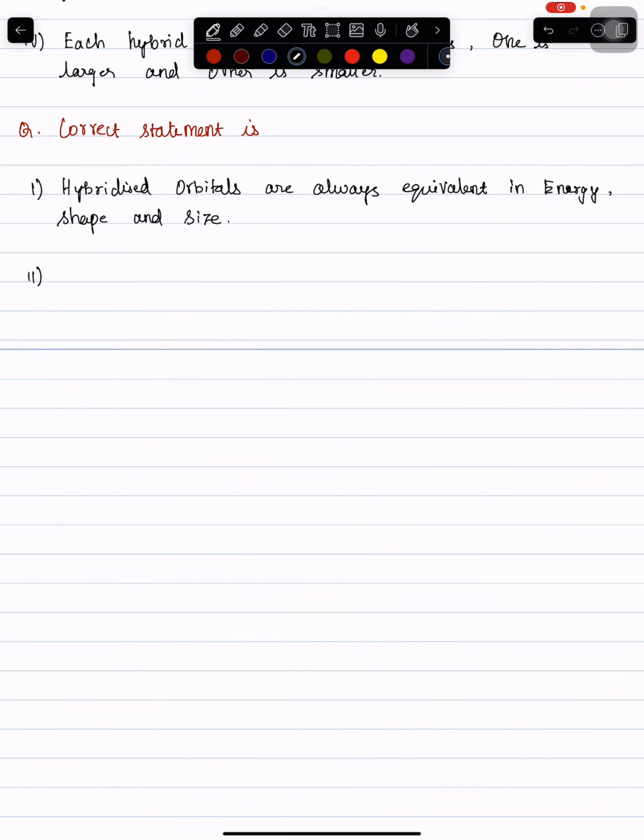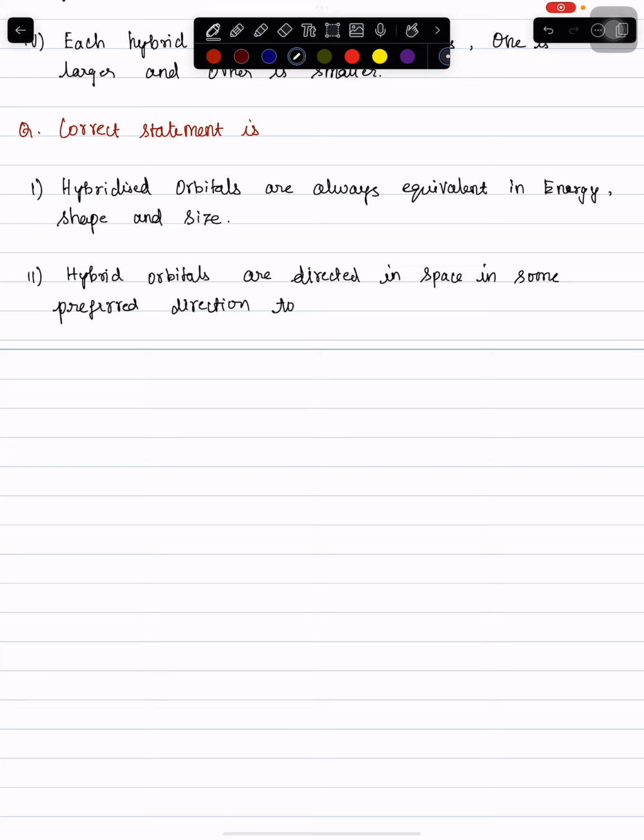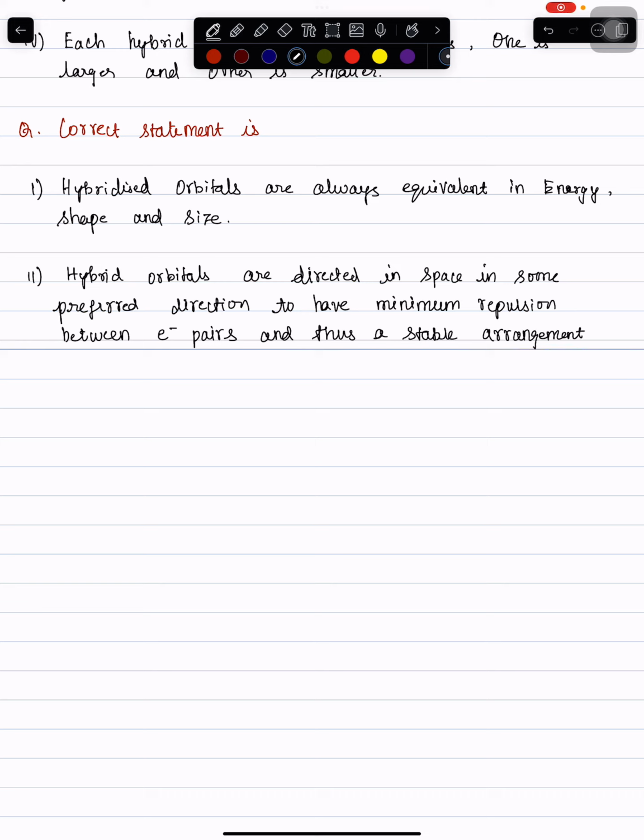Second option: hybrid orbitals are directed in space in some preferred direction to have minimum repulsion between electron pairs, and thus a stable arrangement is obtained.